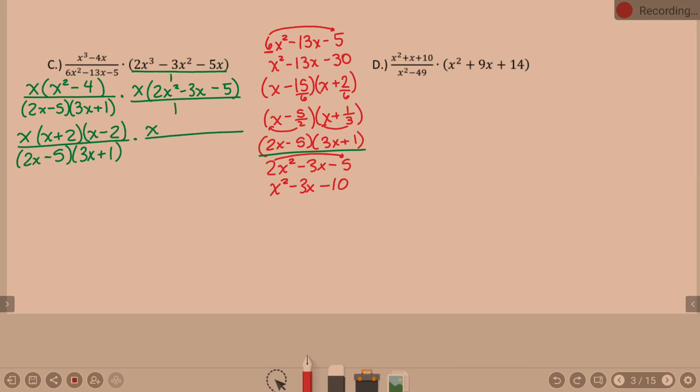And what do we need to happen here? X squared is x times x. What multiplies to be negative 10 and adds to be negative 3? 5 times 2, and it's going to be negative 5 plus 2.